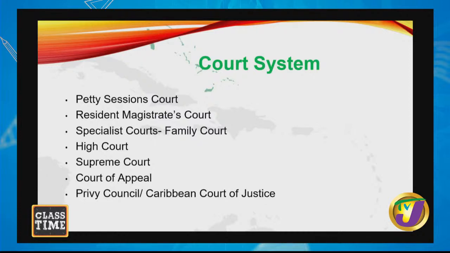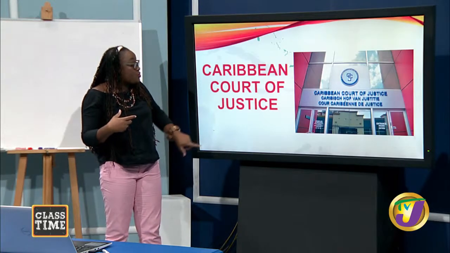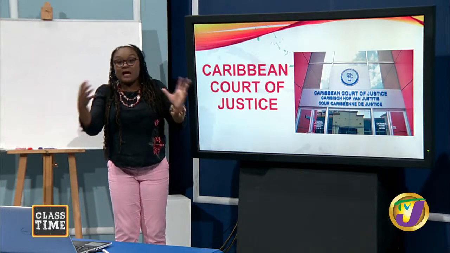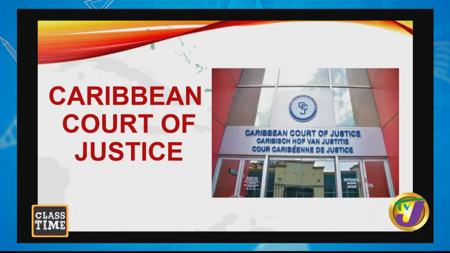However, there are so many issues still with the Caribbean Court of Justice, because even though we have established it, it has two jurisdictions. The original jurisdiction, which all the Caribbean countries who are part of CARICOM are a part of, meaning it settles disputes between countries, right? Issues of trade and so on, it settles those disputes.